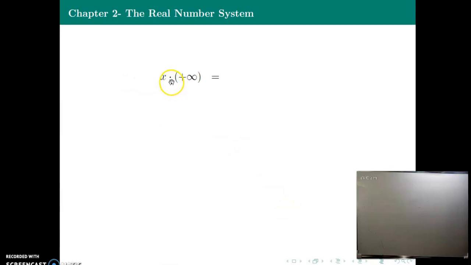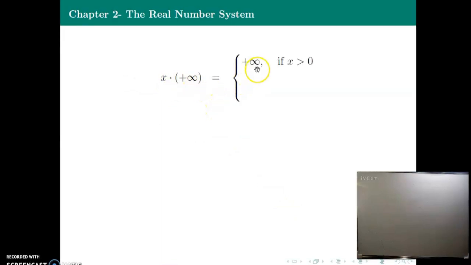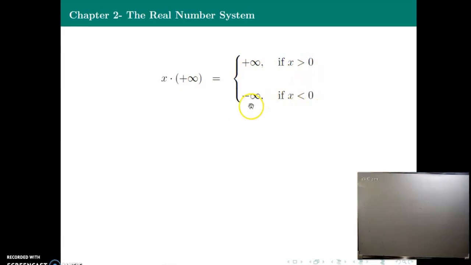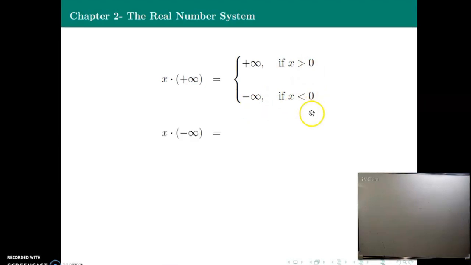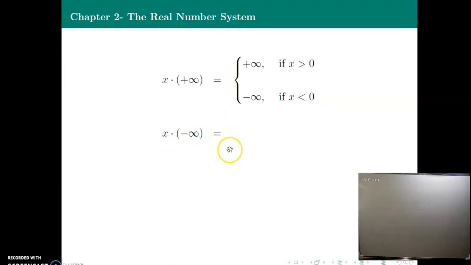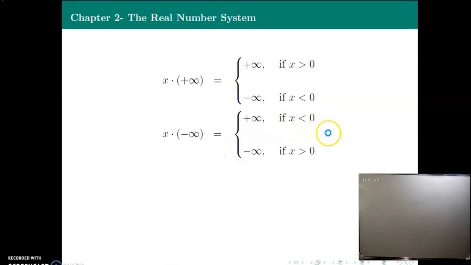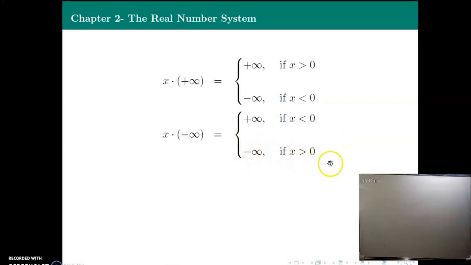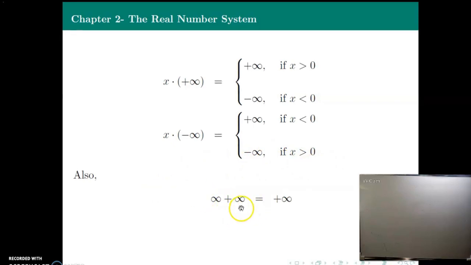The product of a real number and positive infinity is positive if x is positive, and it is negative if x is negative. Here, the product of a real number and negative infinity is positive infinity when x is negative, and negative infinity when x is positive.